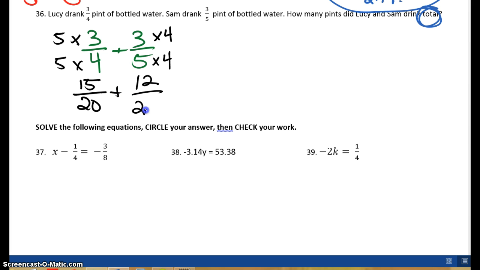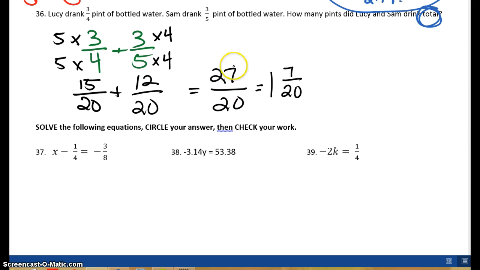Since I have that common denominator and I'm adding, I keep the denominator the same, and I add the numerators. So 15 plus 12 is 27. That is an improper fraction, so I'm going to change that into a mixed number, which ends up being 1 and 7/20, because 20 goes into 27 once with 7 left over.